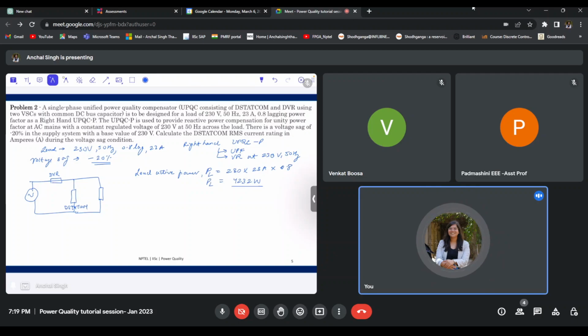Okay, this is our load active power. Now, due to voltage sag, my new supply voltage is reduced by 20%. So it will be approximately 184 volts. Now, corresponding to this supply voltage, my new supply current will be load power divided by Vs dash.